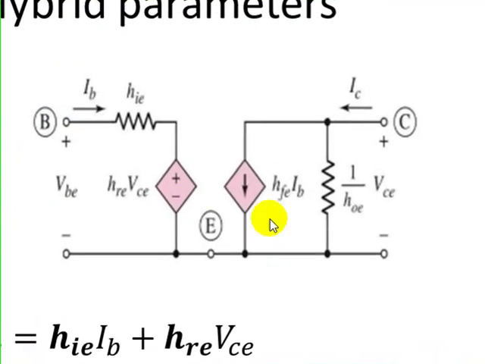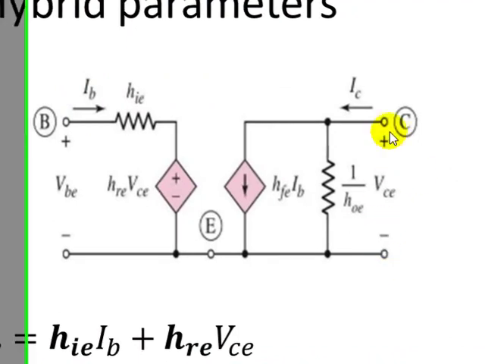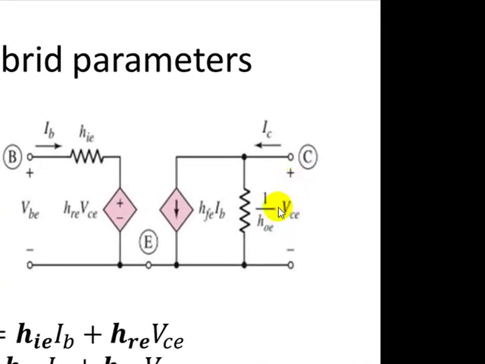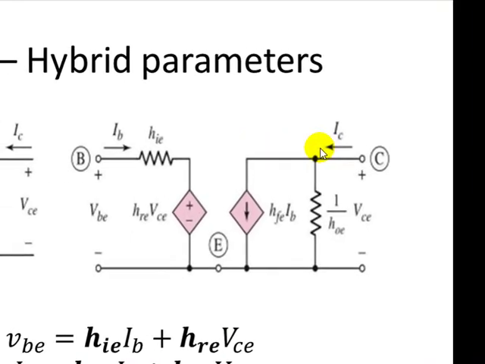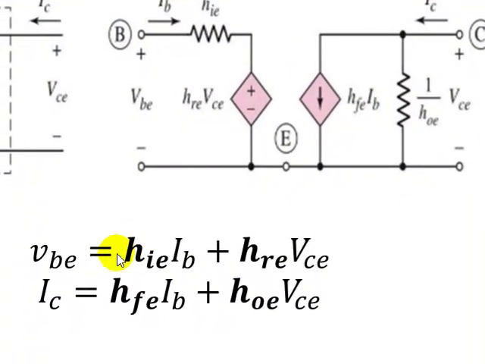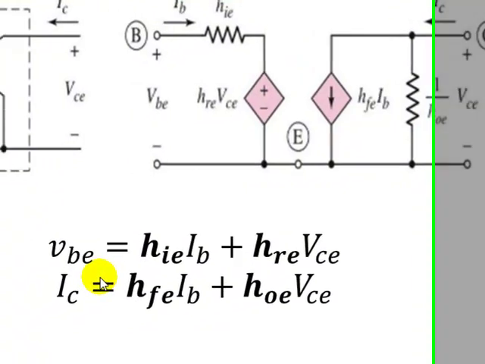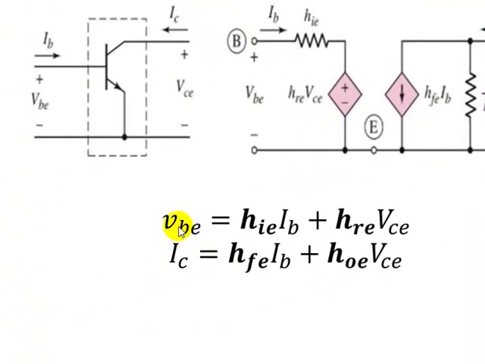The collector emitter terminal is the output port, and the voltage that appears across it is VCE, and IC is the current flowing into the system through the output port. HIE, HRE, HFE and HOE are the hybrid parameters, and we shall see how all the circuit parameters are related.